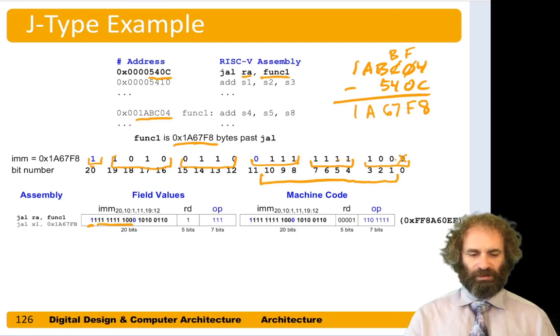Next, we have bit 11, the blue one, goes here, and then bits 19 through 12 are these: 1, 0, 1, 0, 0, 1, 1, 0. So that's the immediate packed in this funny way, and our machine code is this.